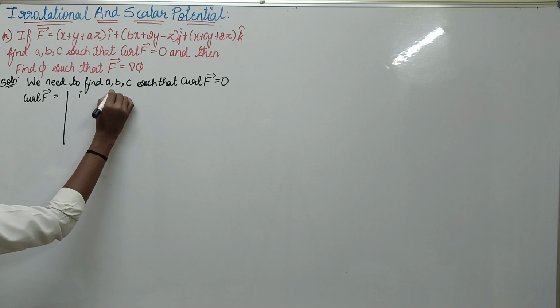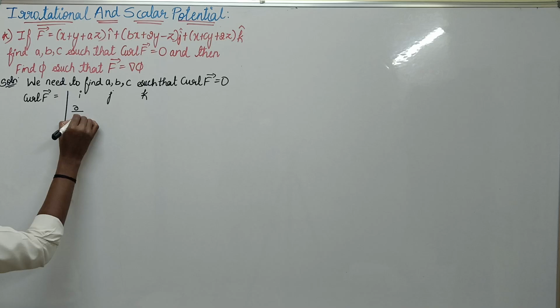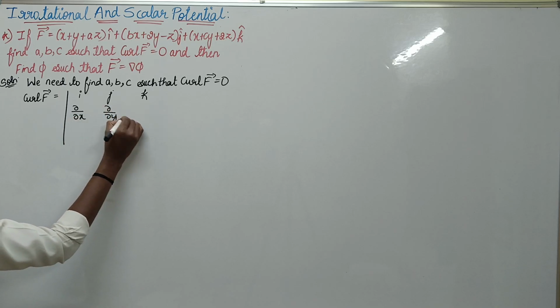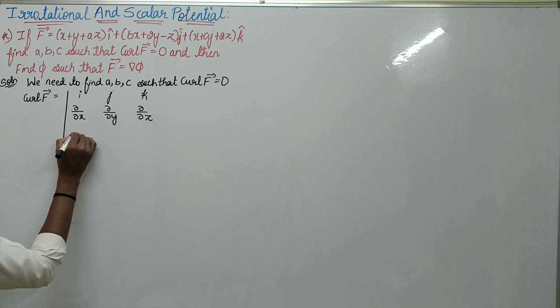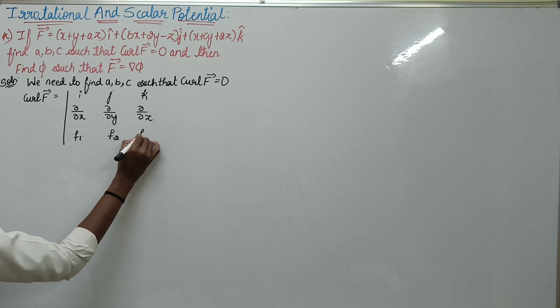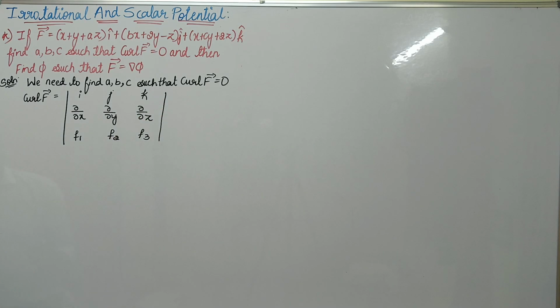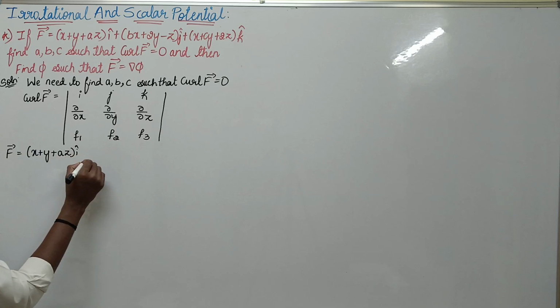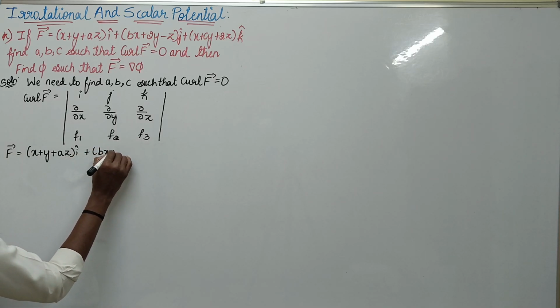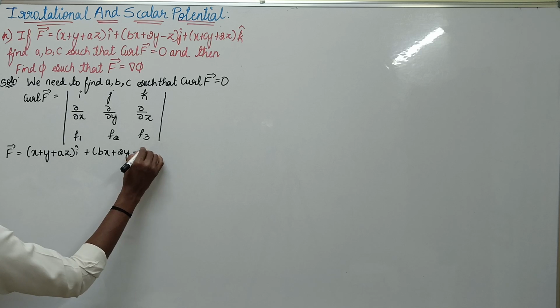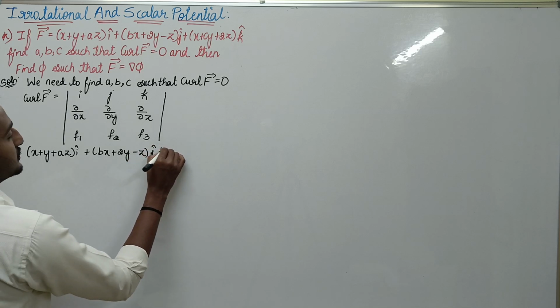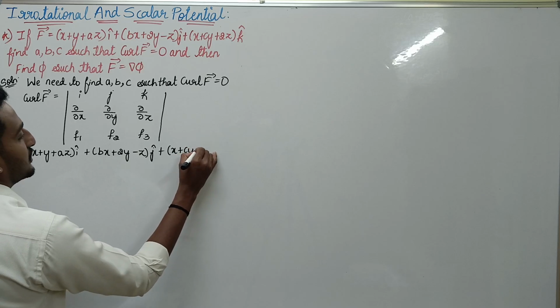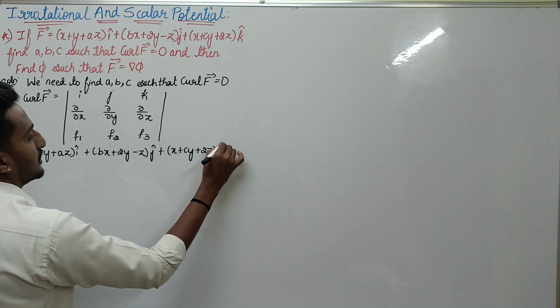What does F1, F2, F3 represent? Where the given vector field, that is vector F, is equal to (x plus y plus az) i cap plus (bx plus 2y minus z) j cap plus (x plus cy plus 2z) k cap.